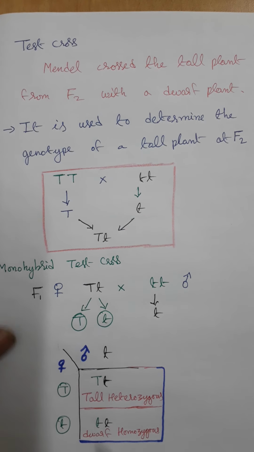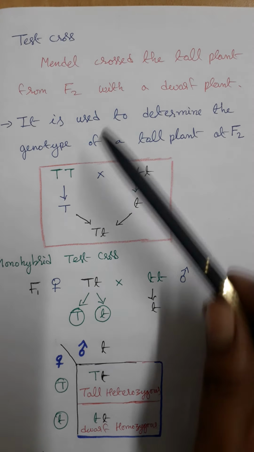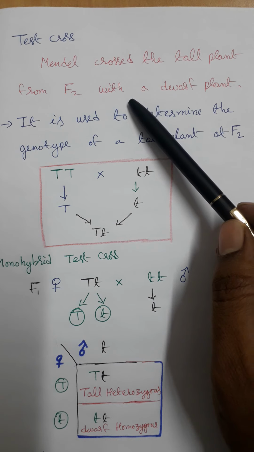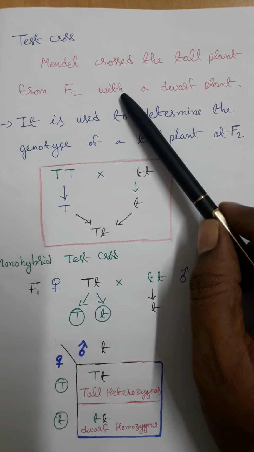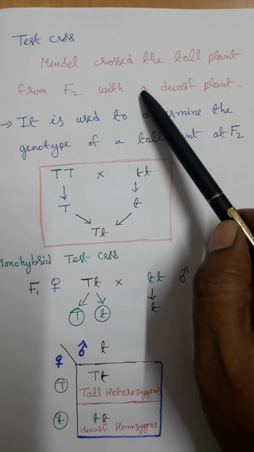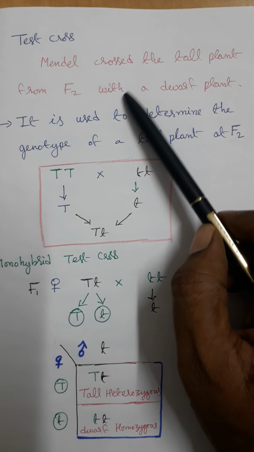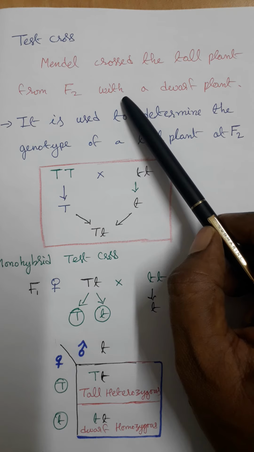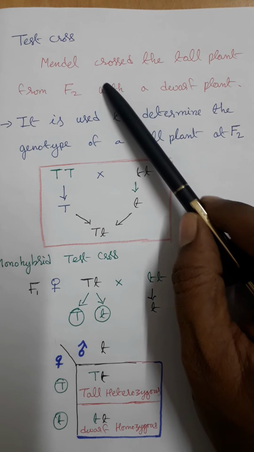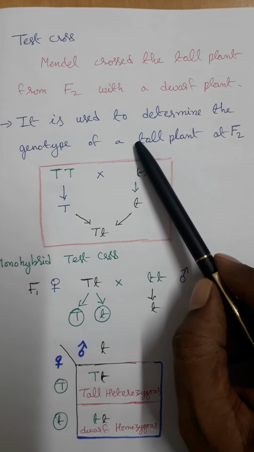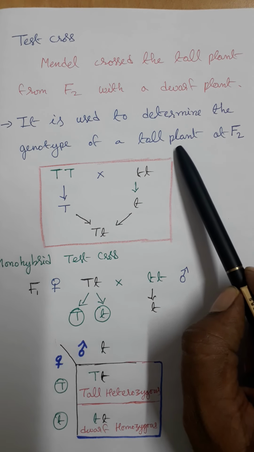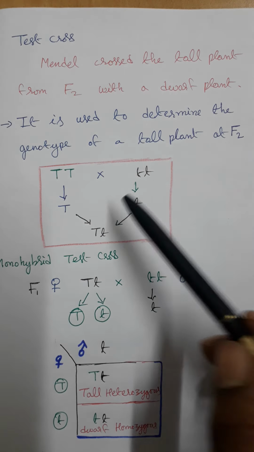Now we have to know about the test cross. Mendel crossed the tall plant from F2 with a dwarf plant. It is known as a test cross. So when the F2 generation plants are crossed with a dwarf or recessive parental plant, it is known as a test cross. It is used to determine the genotype of a tall plant at F2.